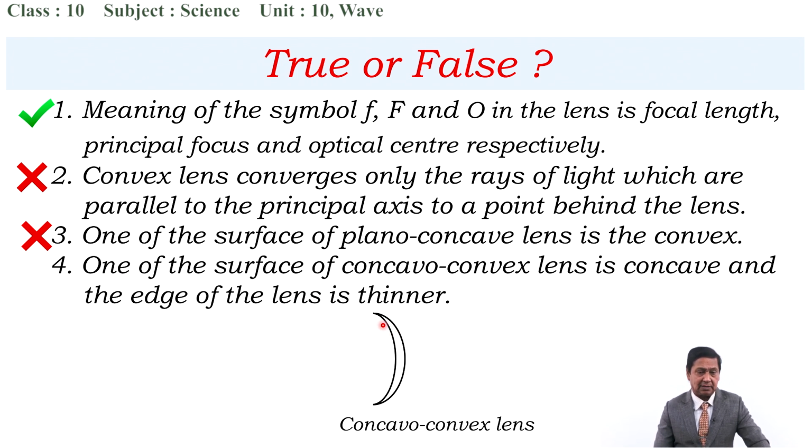Yes, this surface is concave, so that is correct. And the edge of the lens is thinner, yeah. The edge of the lens is thinner on both sides in this two-dimensional picture, and in a three-dimensional picture, at the edge, it is thinner. Clear? This is correct. That's why I want to tick it.